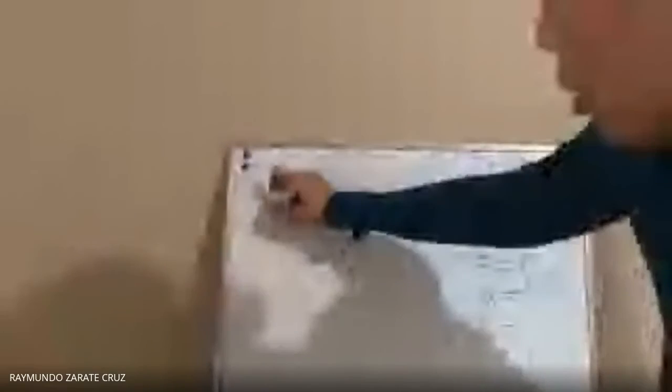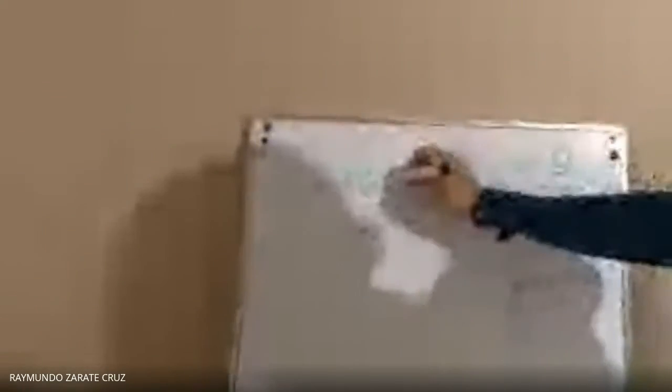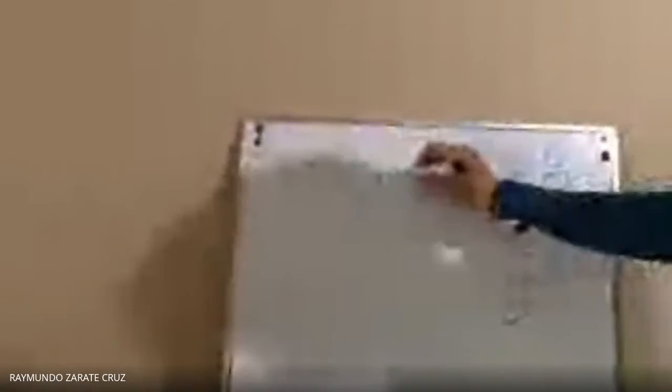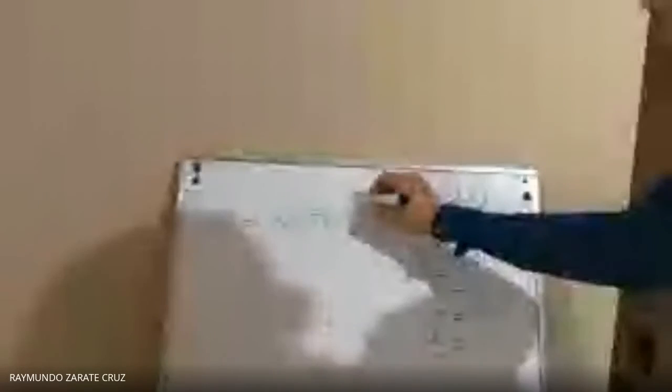The acceleration is minus 5.63. We need to use this formula: final position equals initial position plus initial velocity times the time plus acceleration times the time squared over 2.